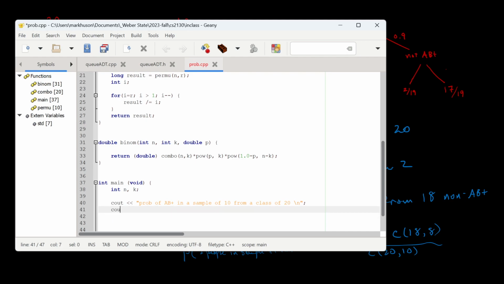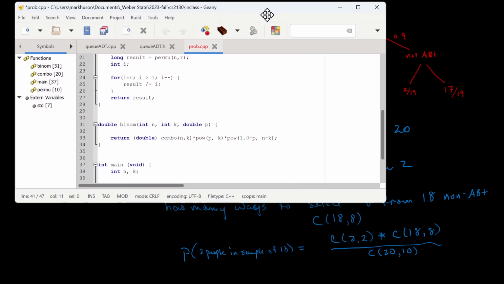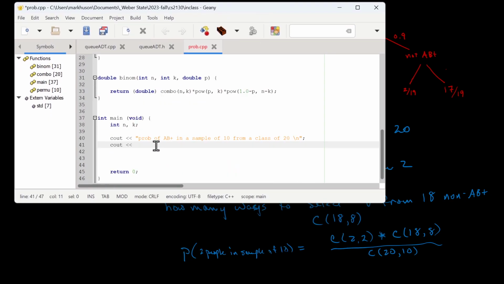Go to the cout of my formula. So that's my probability there.